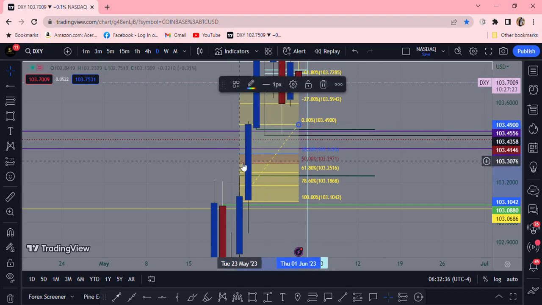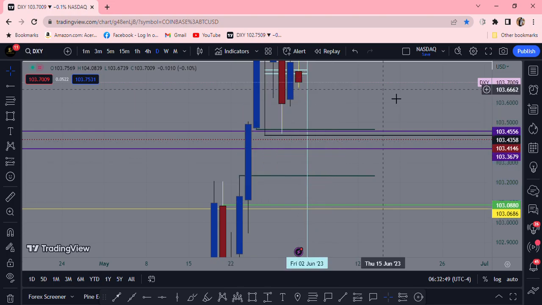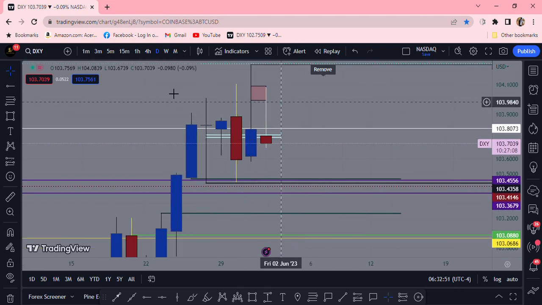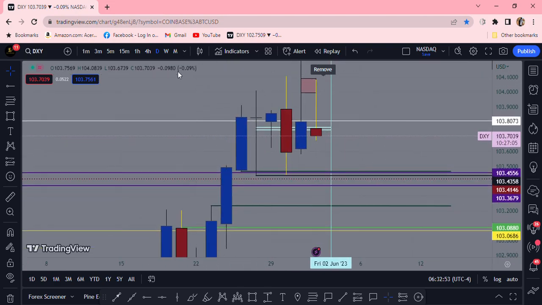We must come to test this 50%, which is at 103.2971. So yeah, I'm actually anticipating the DXY to go bearish tomorrow.